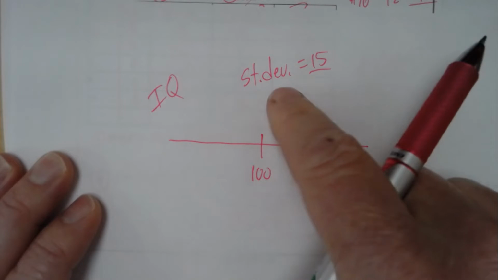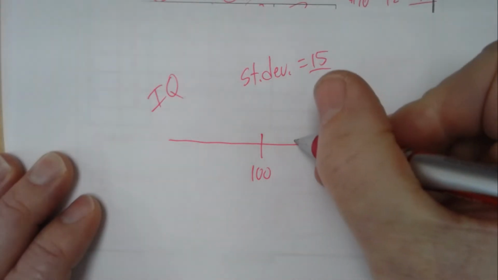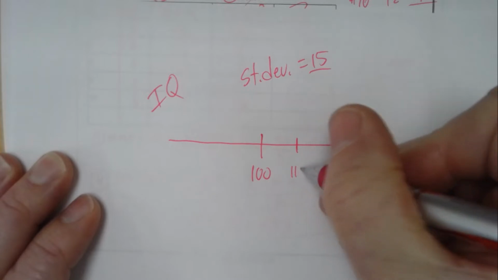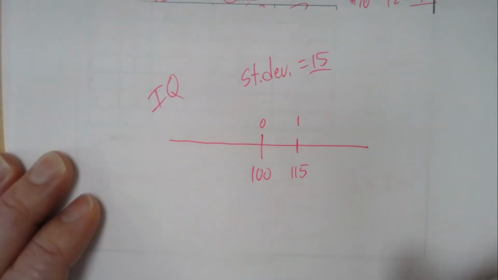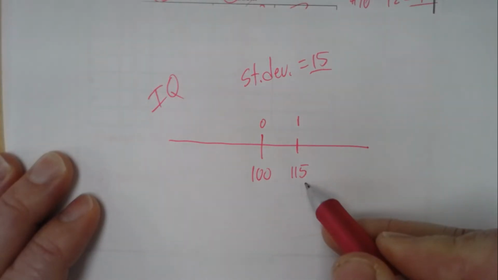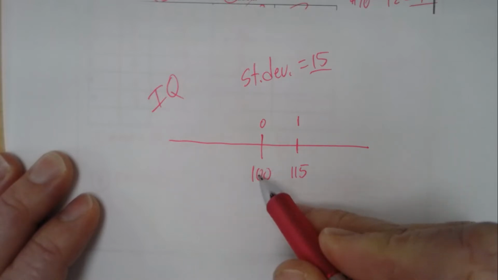One standard deviation is 15, so I go over 15, and that would be 115. This is like 0, and this is 1 space over. So 1 standard deviation over is 115. You could say if you have an IQ of 115, you're 1 standard deviation from the mean.